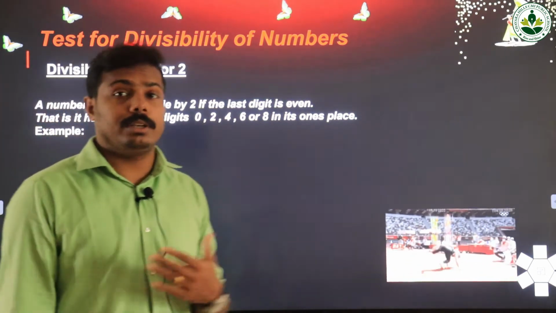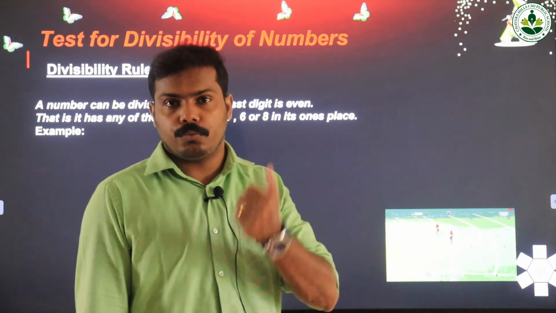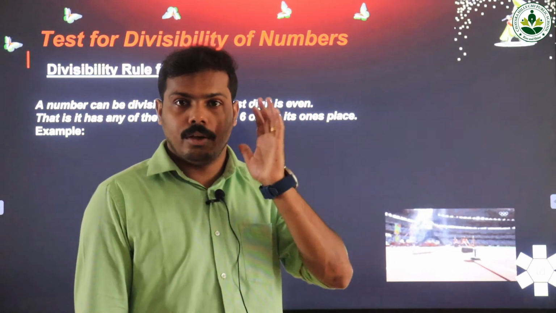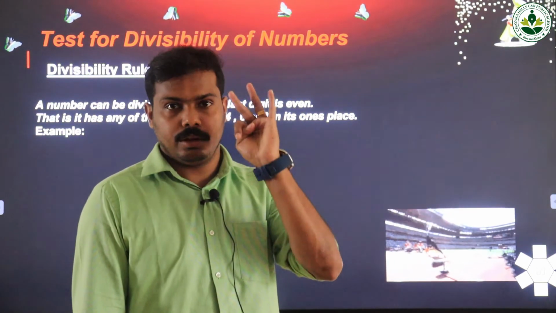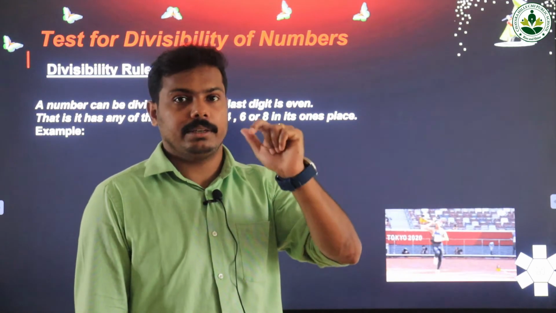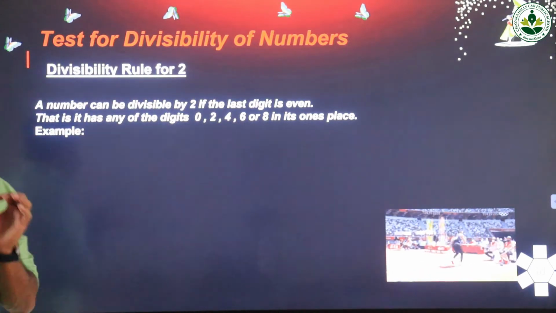Now we are going to learn the divisibility rules for each of the numbers 2, 3, 4, 5, 6, 8, 9 and 10. First one is the divisibility rule for 2.